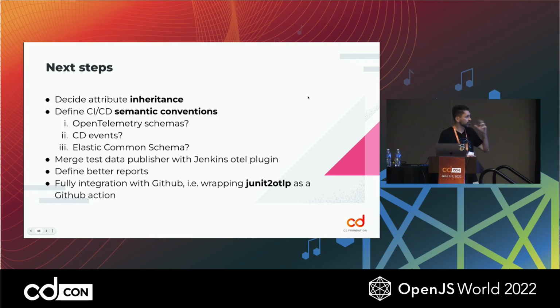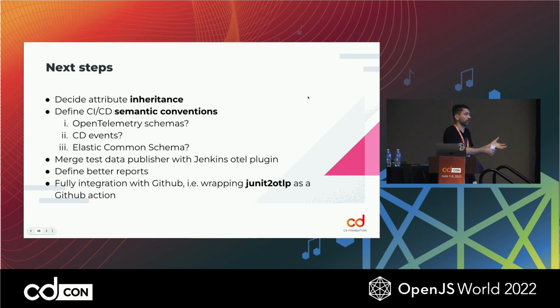The second concern that we have is about semantic conventions. We selected those attributes because we thought that it makes sense, but there are OpenTelemetry schemas. Should we adhere to them? In this conference, the CD events work is also a thing.